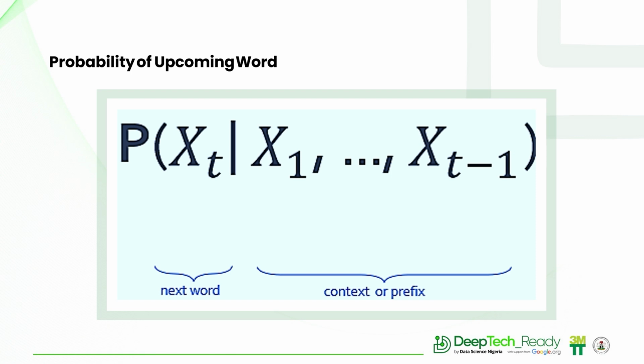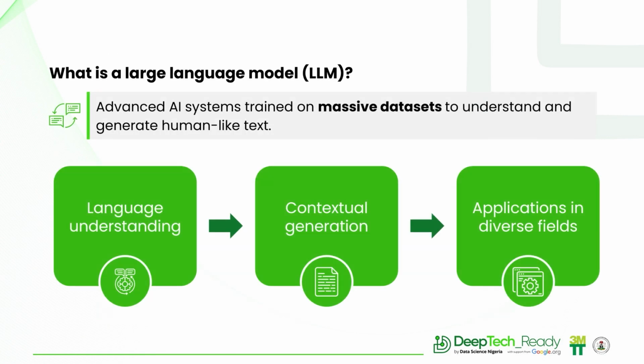Now, having understood what a language model is, what's a large language model? A large language model, LLM, is an advanced AI system trained on massive datasets to understand and generate human-like text.